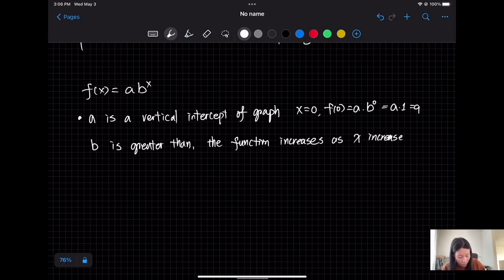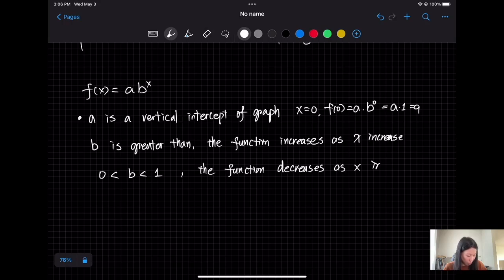And if b is in between 0 and 1, the function decreases as x increases.